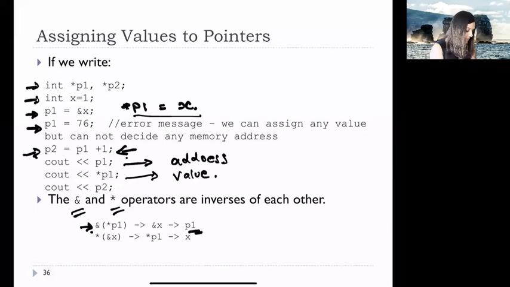When you print p1 here, it prints the address. In the same way, in the pointer of address of x, you can replace address of x with p1, and pointer p1 is nothing but the same as x. So both the address of and dereference operators are inverses of each other.